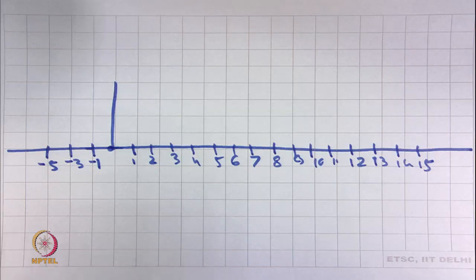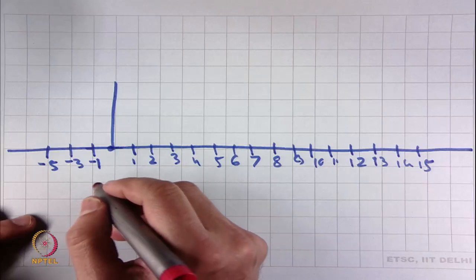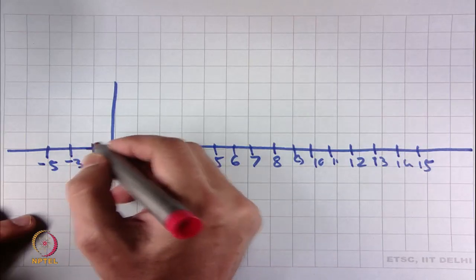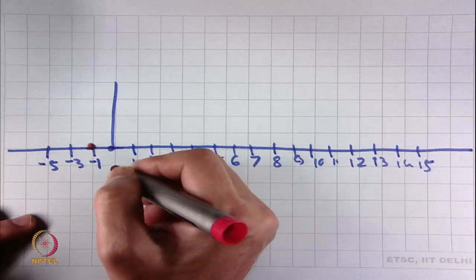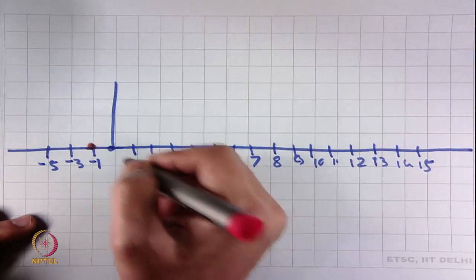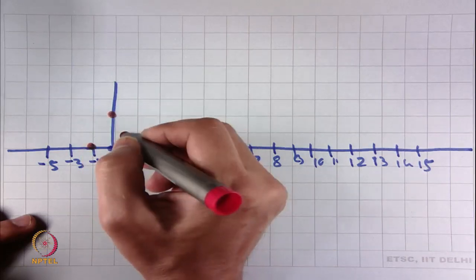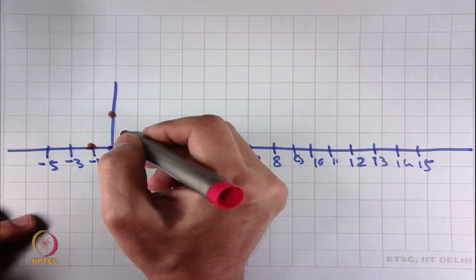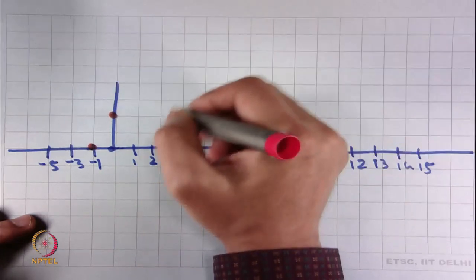So, let us consider 4 alpha square minus 1. At alpha is equal to 0, it is minus 1, at alpha is equal to half, it is 0, and at alpha is equal to 1, it is 3.